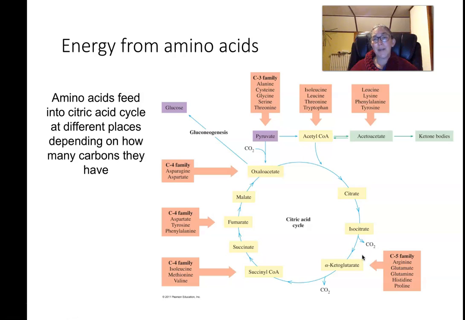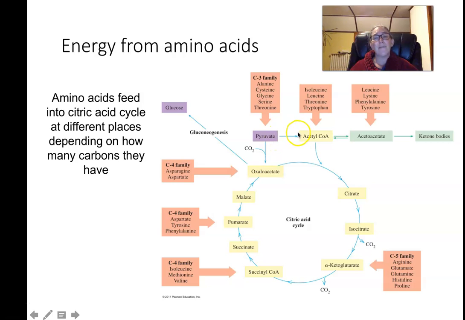Of the 20 different amino acids we have, all of them can be converted into some component of the citric acid cycle. So they can either be converted into an intermediate component and enter the citric acid cycle that way, they can be converted to acetyl-CoA, they can be converted to a precursor to acetyl-CoA, or they can be converted directly to pyruvate.